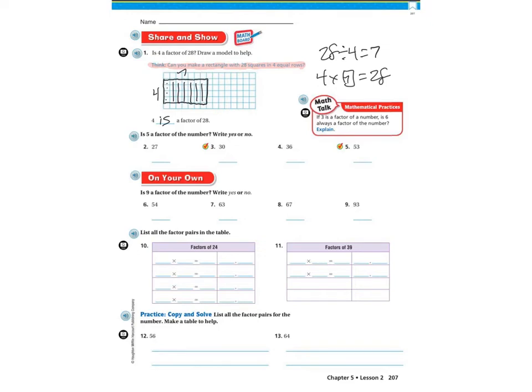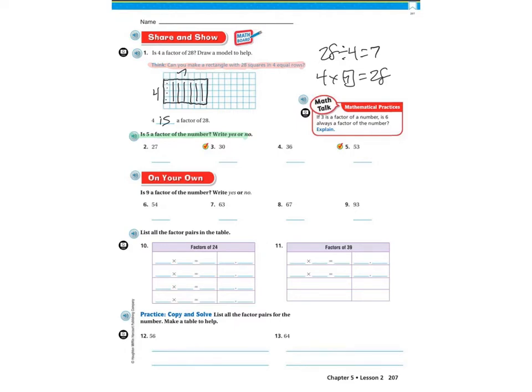Perfect. Now let's go over to these ones. I kind of like these because we don't have to do a whole lot of math. We just have to answer this. Is 5 a factor? And then we go down here, is 9 a factor? But let's do this, is 5 a factor? Remember our rule for 5s: as long as your number ends in a 0 or 5, it is divisible by 5.